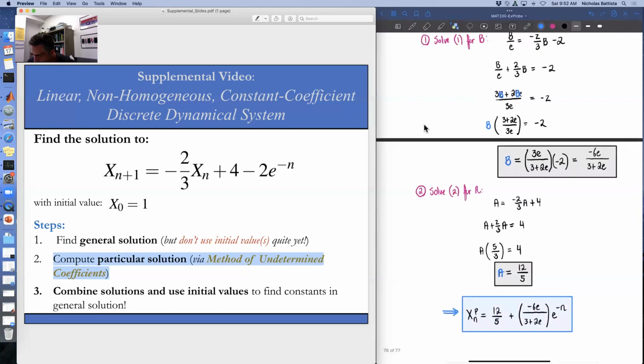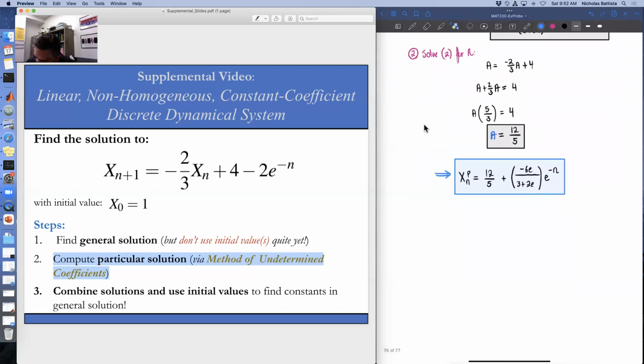The next step for us is taking our particular solution, adding it to our homogeneous solution, or the complementary or general solution, and then using our initial data to find the unknown constant in our general solution. I'll just say this is part 3: combine and use initial data.